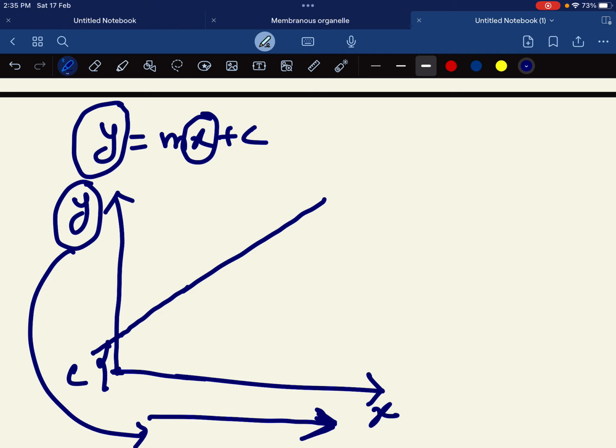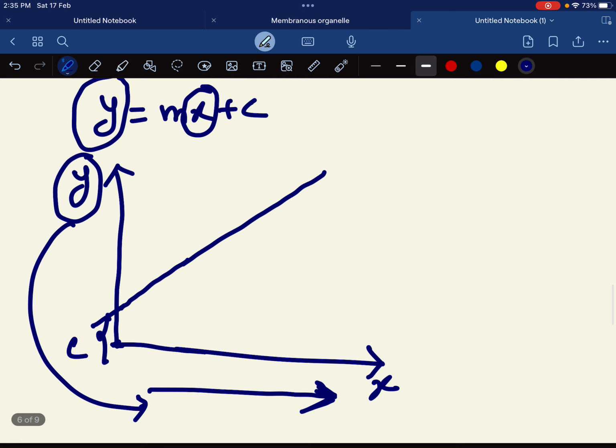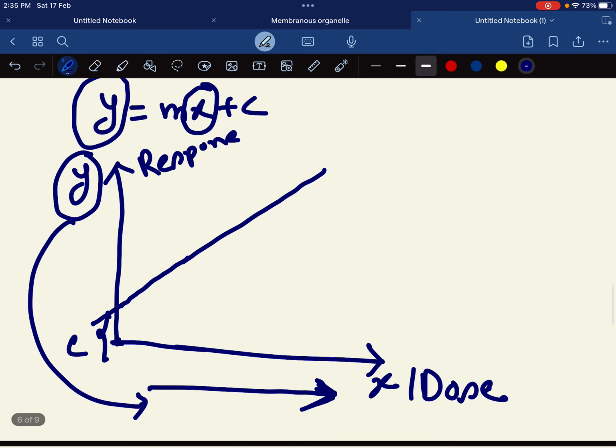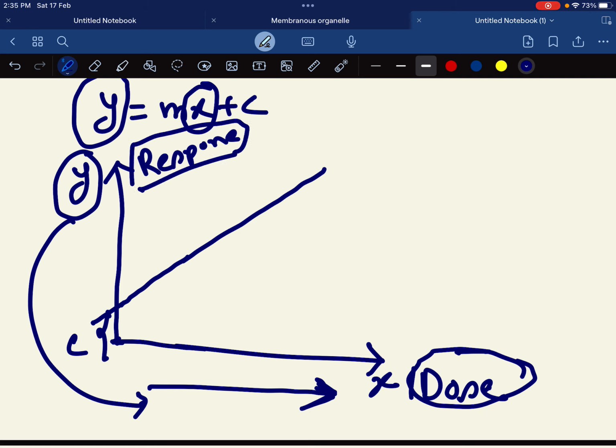So you can now clearly make out what will be our independent variable, or what we should take in the x-axis, that is the dose, and the response will be plotted in the y-axis. So from a dose response curve, we want to measure or plot how the amount of dose can vary or differ in response.